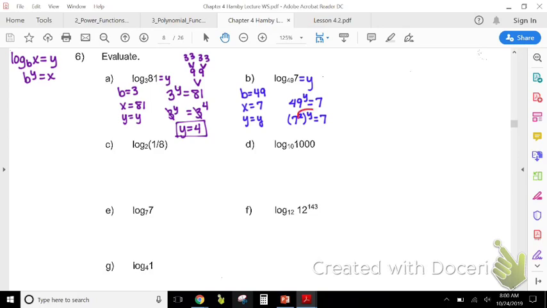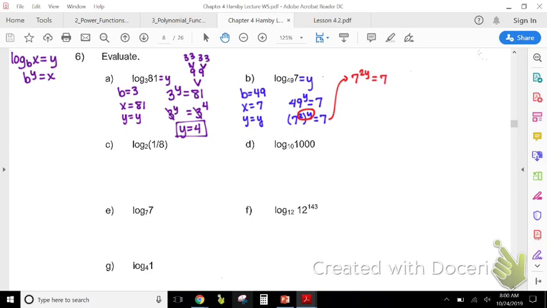So what can I do right here in the exponents? That's what we call power to the power. What do we do with those powers? You remember? No, that's when we're multiplying with like bases, we add them. We're going to multiply these powers, okay? So when I do that, I'm going to write it over here. That's going to give me 7 to the 2y equals 7.